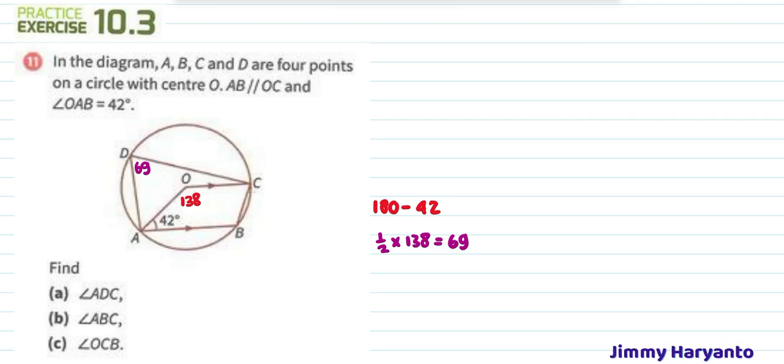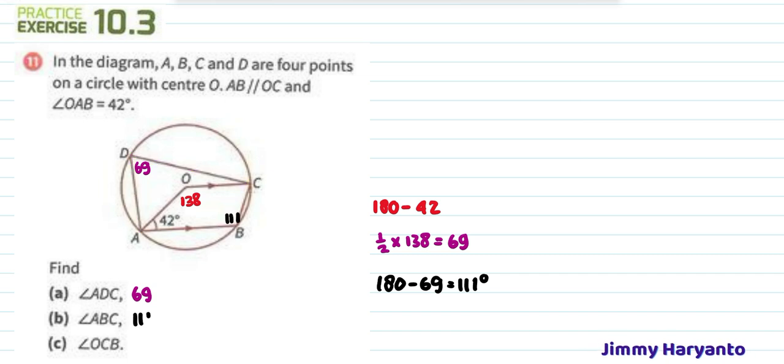And then what next? Oh, the question wants you to find ADC. ADC is already found, and then ABC. To find ABC, we have to use this angle, and then the opposite angle will be this one. That means 180 minus 69 equals 111. So this one is 111.